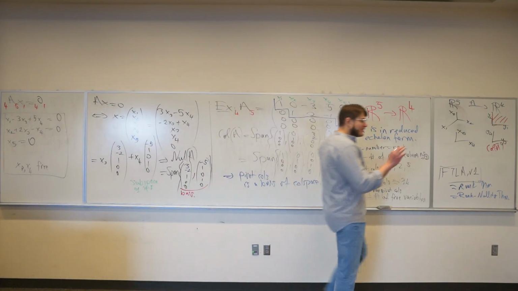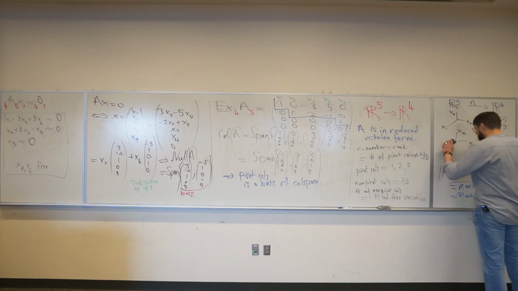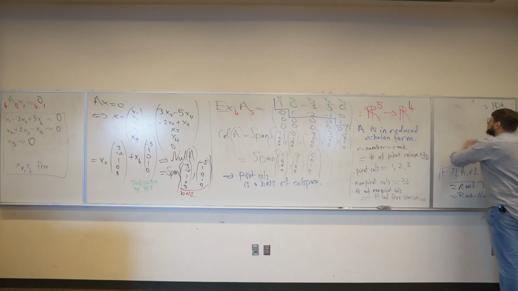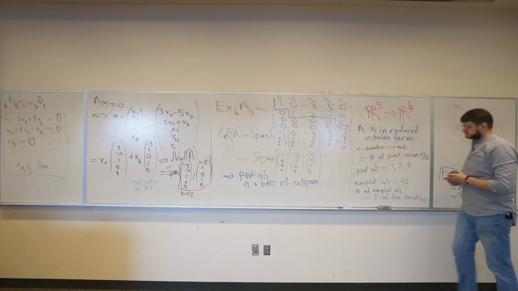So you get to keep the number of basis vectors, but maybe the shapes are disturbed. So this is the idea behind dimension.